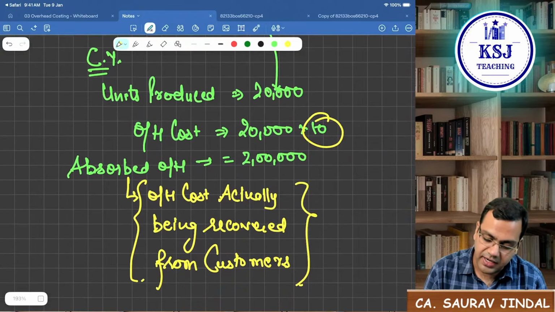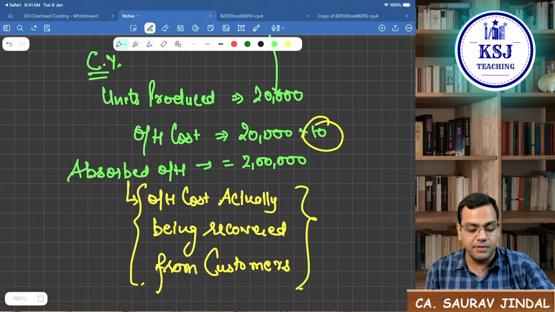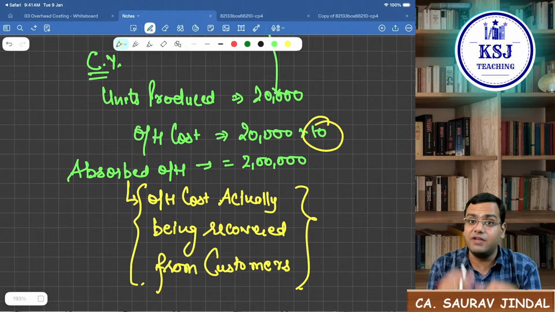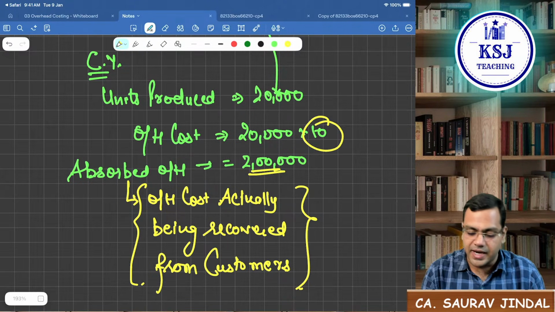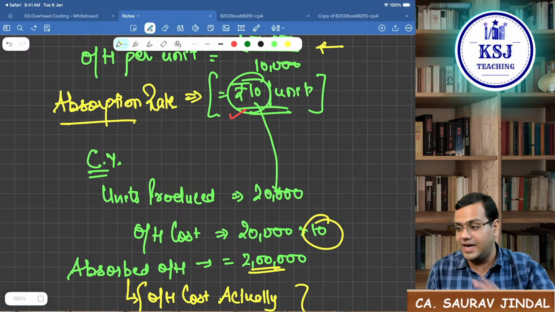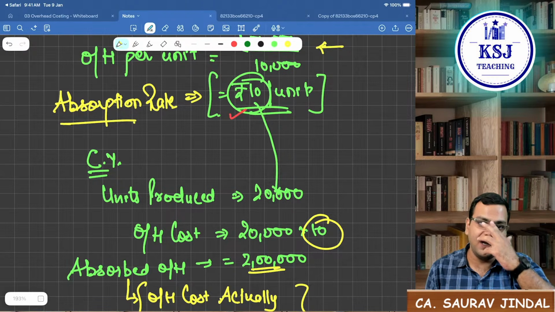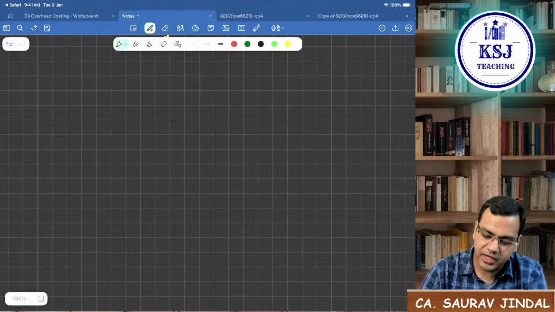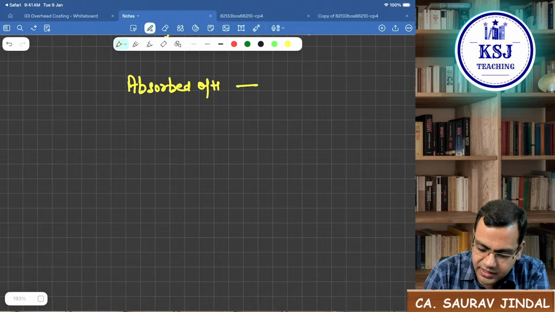So in the current year, if you are manufacturing 20,000 units, the overheads that you are absorbing, which you are actually recovering from the customer through the finished goods, are 2 lakh. But there should be a question in your mind that, sir, this 10 rupees was the absorption rate last year. The situations in the current year might be different, so this cost might be different. Absolutely correct. Now what is my absorbed overheads? 2 lakh rupees. That is what we have calculated.